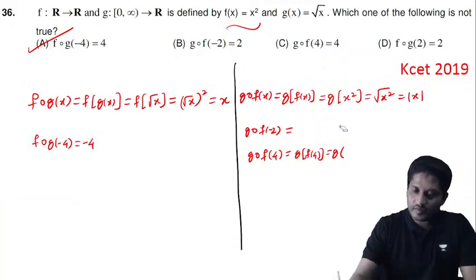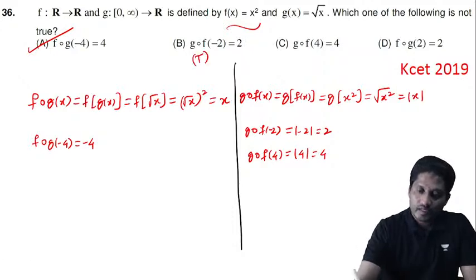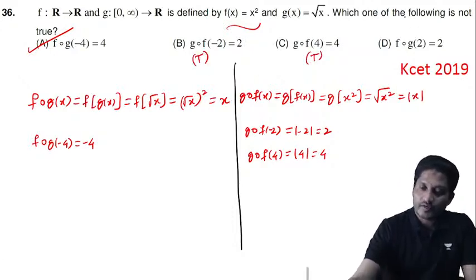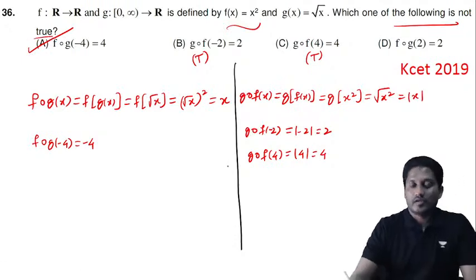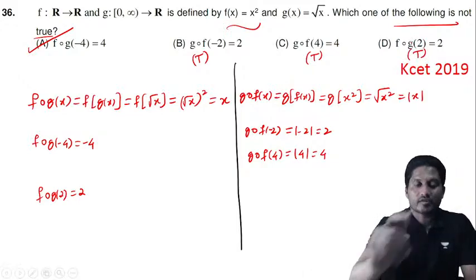Directly I substitute G of minus 2 is equal to mod of minus 2, which is equal to plus 2. That is correct. Now G circle f of 4 will be equal to modulus of 4, which is equal to 4. Even this C is true. Even this is true. But you have to identify which of the following is not true. And then if I take, suppose, the last option, f circle G of 2. F circle G of 2 is equal to 2. Even this is true. So only A is false. Let's move to the next question.